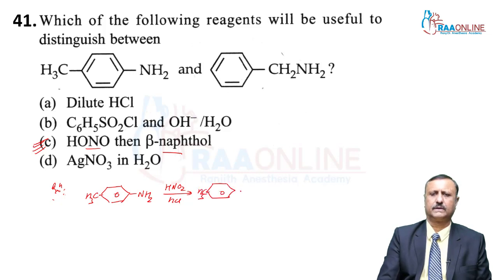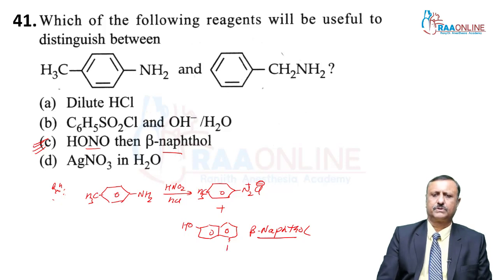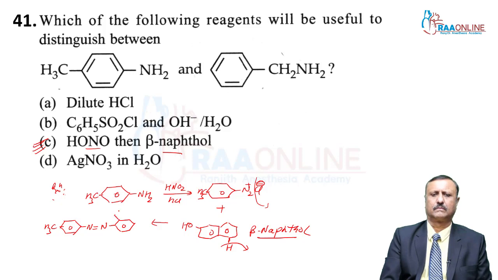That is why you get this N2Cl, benzene diazonium chloride. When this benzene diazonium chloride reacts with beta naphthol, the hydrogen atom at the para position is replaced, both react with each other and form a colored azo dye, N double bond N, with the beta naphthol, and you get the orange dye.